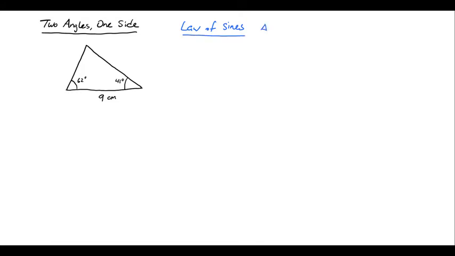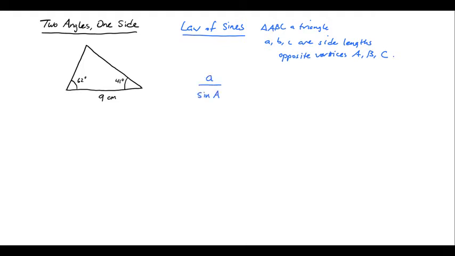So if ABC is a triangle, and we follow the usual conventions where a, b, and c are the side lengths opposite vertices A, B, and C, then we have: a over sine of the measure of angle A is equal to b over the sine of the measure of angle B, which is also equal to c over the sine of the measure of angle C. That's the law of sines.